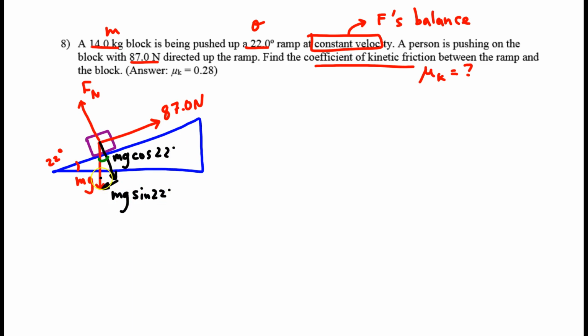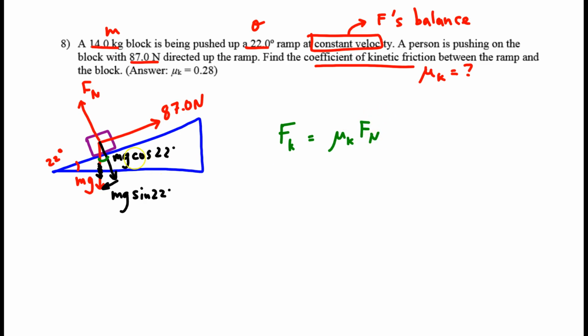We've taken care of mg, we broke it into its components, so effectively it's no longer there. Instead of representing it as a hypotenuse or as an angled force, we break it into its components, or resolve it into the components. Okay, we're looking for mu, and mu shows up in this equation.